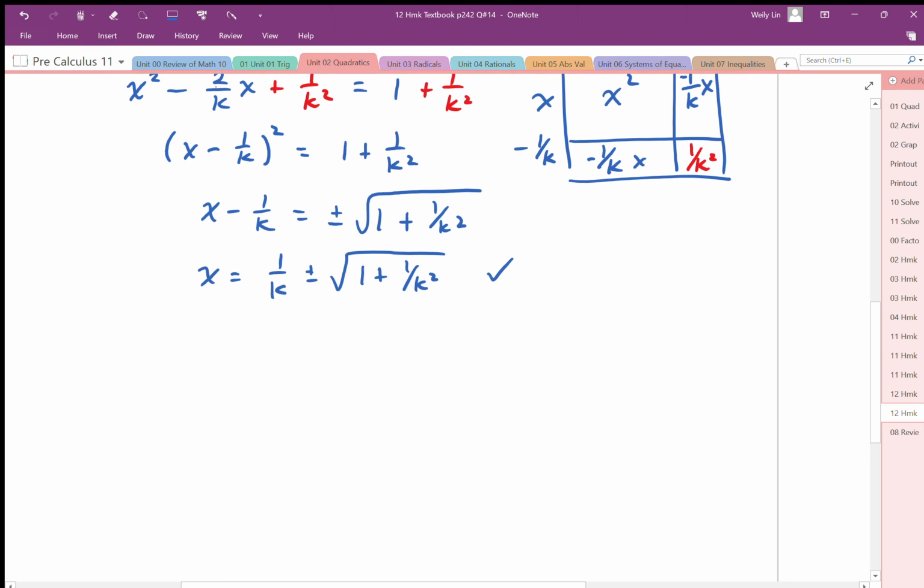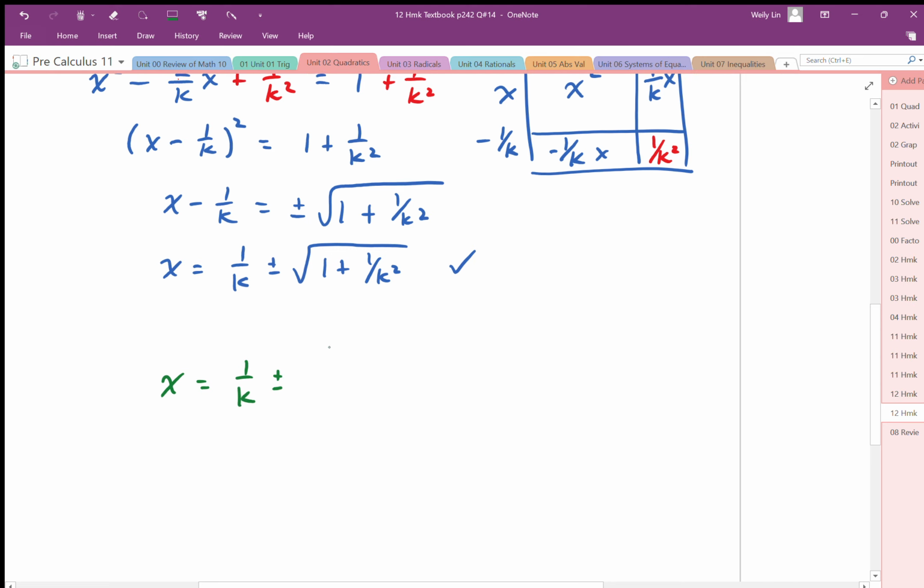We can simplify this to a common denominator, and to do that it would look like this. Maybe I'll do this in a separate color because this is just cleaning it up. I'm going to make it look like the quadratic formula form. So it's going to be the square root of k squared plus 1 over k squared.